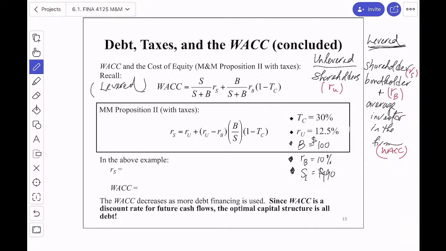So we have 12.5, and then we have the difference of the return to investors in the unlevered firm minus the debt. So as long as those, right, this has to be a positive. It will be a positive with no debt. The idea of debt is that it's low risk.